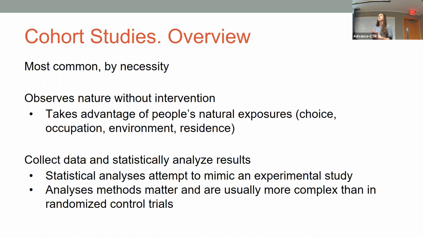As I mentioned, in an experimental study, the group who was exposed is going to be very similar to the group who was not exposed when it comes to baseline characteristics. But that might not be true in a cohort study. So what the statistical analyses are trying to do in a cohort study is to make it so that these two groups are as similar as possible. And so that's why the analysis methods for this type of study design really matter and can end up being a little bit more complicated than for experimental studies.